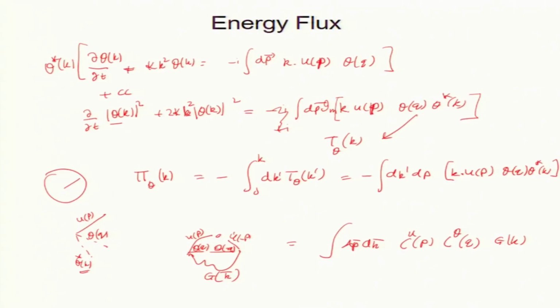For the third regime, which is the Kolmogorov regime, this will be a constant, which is epsilon theta. So, all this algebra will give you the flux, and given this you can also derive a spectrum for temperature. I may have one free slide. So, I can write down the expression for E theta of k.